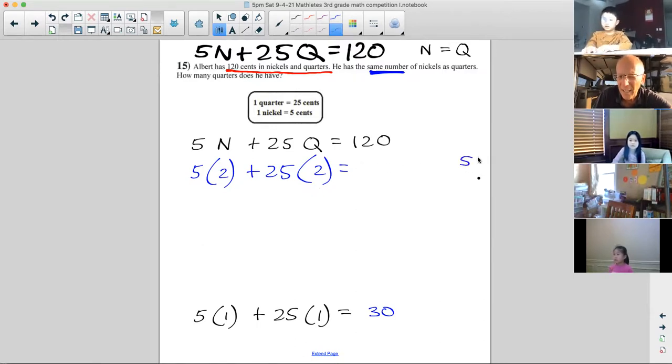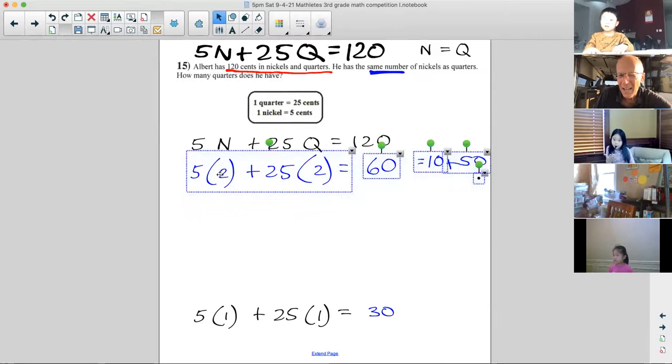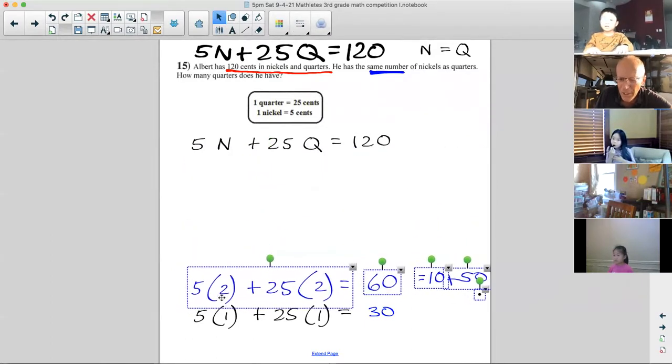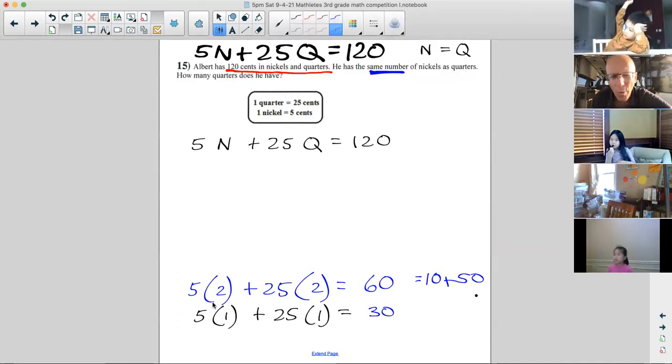And 50 plus 5 times 2, which is 10, and therefore 60. And guys, 60 is not enough. The question I have for you is, does anybody have an idea of what the number is going to be? We know that 1 doesn't work. We know that 2 doesn't work. Throw out a number and let's test it.